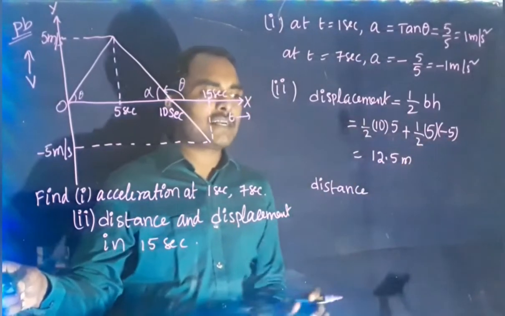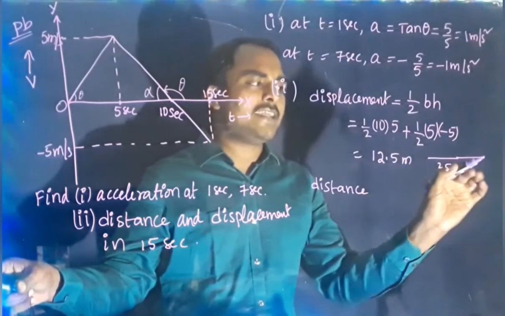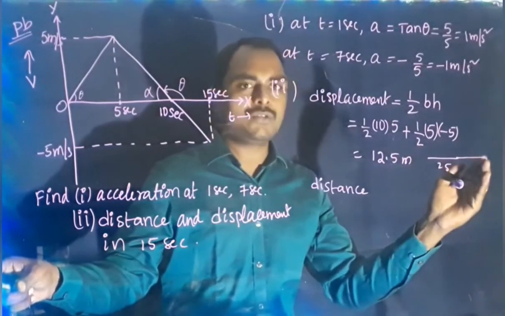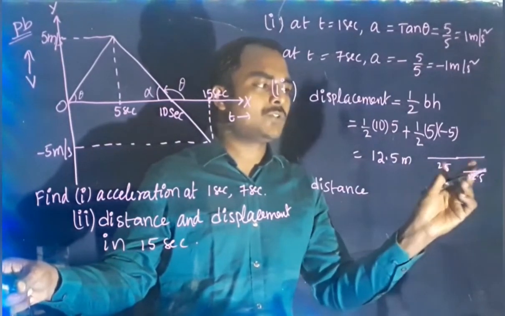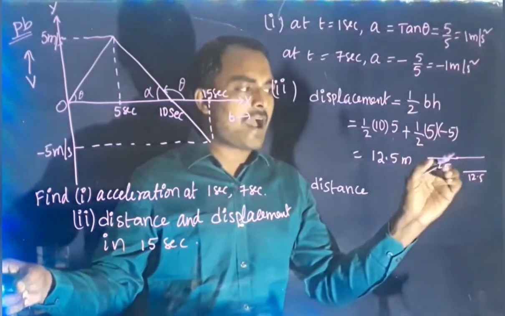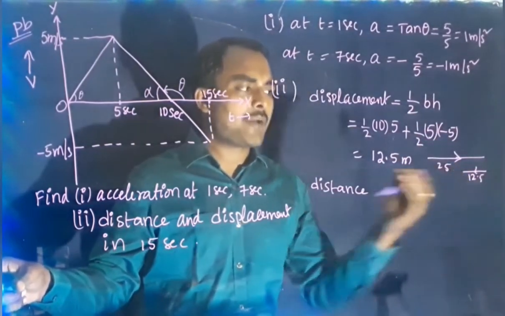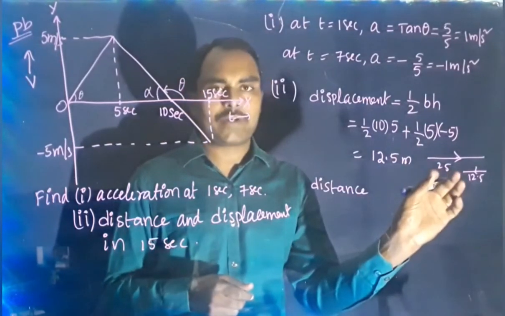What we understand is that first it goes 25 meters in the forward direction, then it comes back 12.5 meter. Minus indicates it is coming back. So the final displacement will be only 12.5.